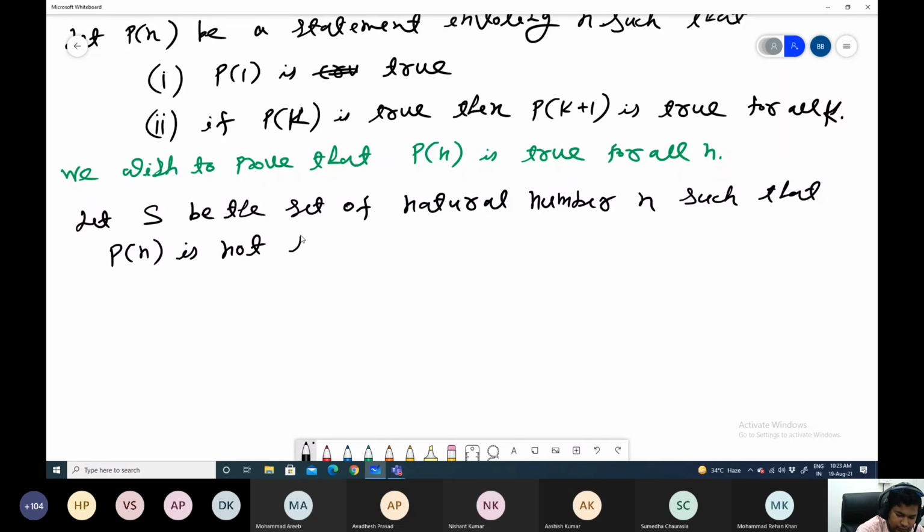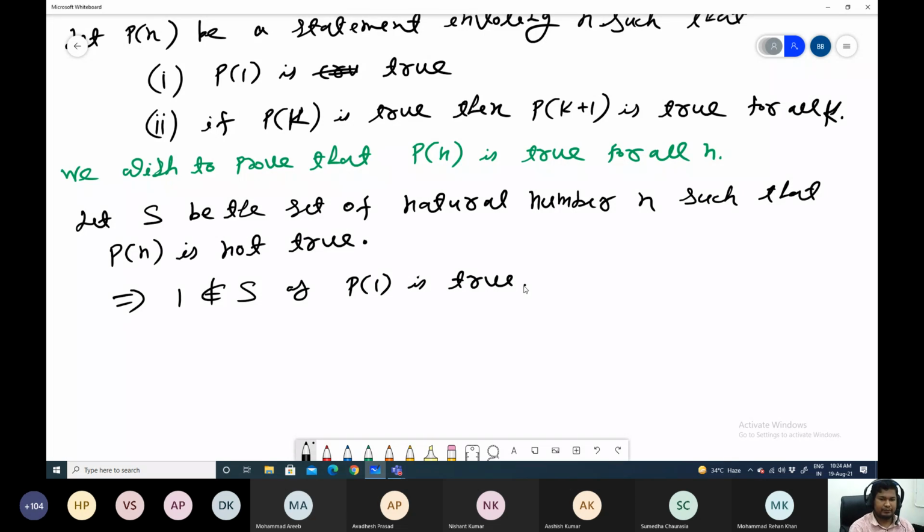Pn is not true. Okay, so that implies directly 1 does not belong to S. Why? As P1 is true.